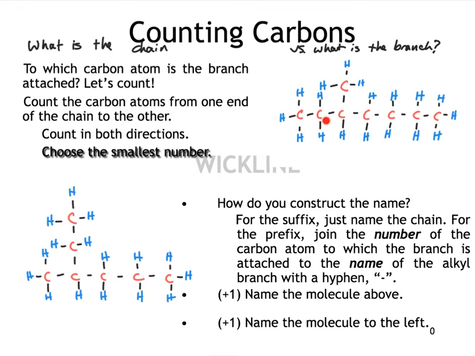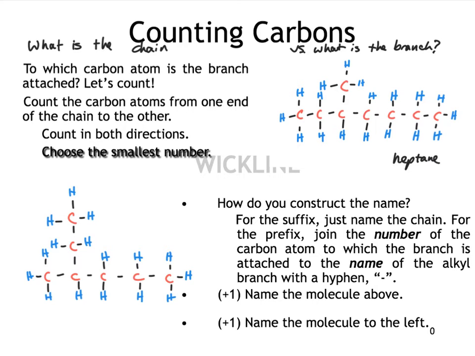This is a chain, but it's not the longest unbroken chain. The longest unbroken chain is whichever one is literally longest and you don't have to skip a carbon to get to the other side. So the chain in this case is 1, 2, 3, 4, 5, 6, 7 carbons long. So part of our name is going to be heptane.